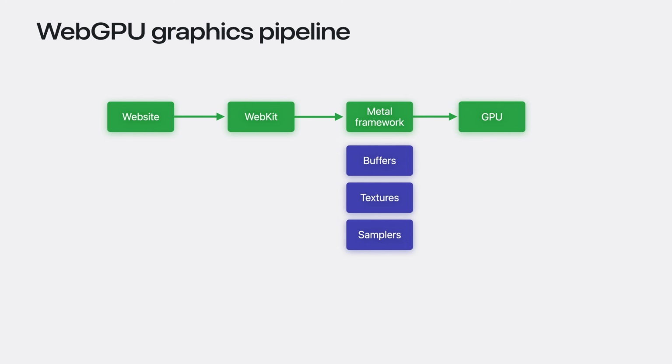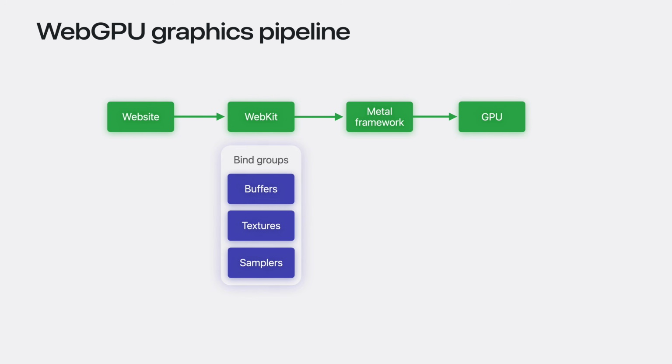In WebGPU, Metal generates three types of resources: buffers, textures, and samplers. These get organized by WebKit into something called a GPU bind group. Basically, a structured way of grouping resources together so they can be efficiently used by the GPU.